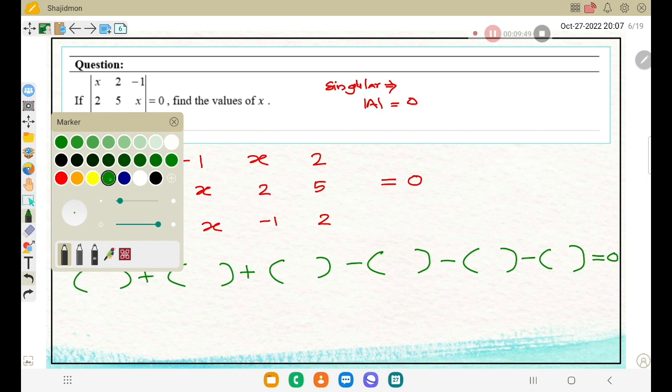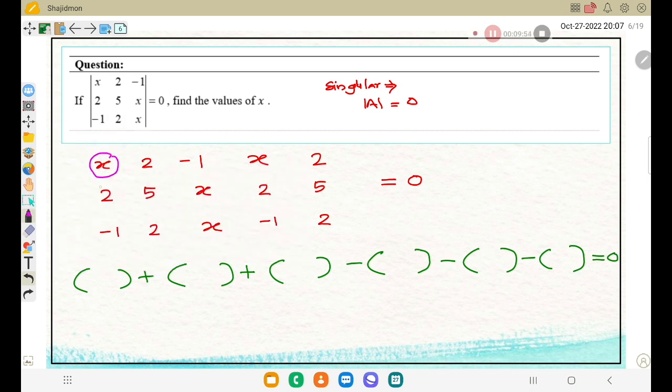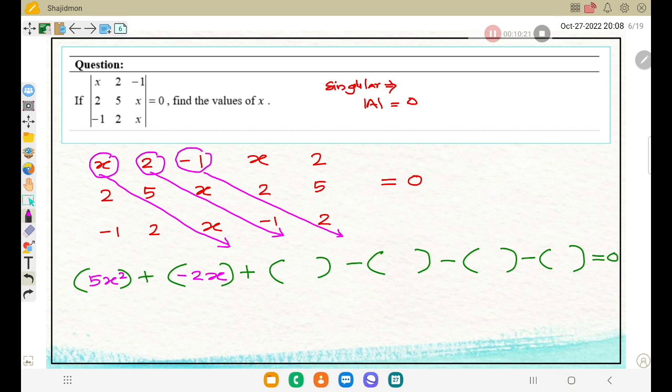Now how are we doing the cross arrow mark? Starting from the top here, down arrows we are marking. x multiply 5 multiply x, correct? x multiply 5 multiply x, that means 5x power 2. Now 2 multiply x multiply minus 1, so we will get minus 2x. Now the third arrow here going down, minus 1 multiply 2 multiply 2, minus 4.